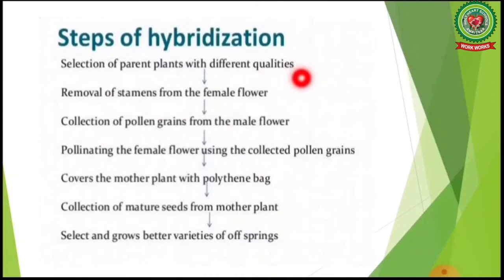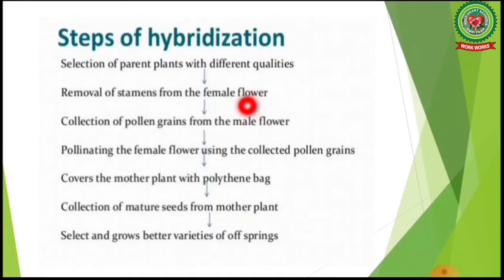It means from the female plant the pollen grains are allowed to settle on the stigma, while from the male plant the pollen grains are collected. Now here we are mentioning the removal of stamens from the female flower. This is called emasculation. E means without.